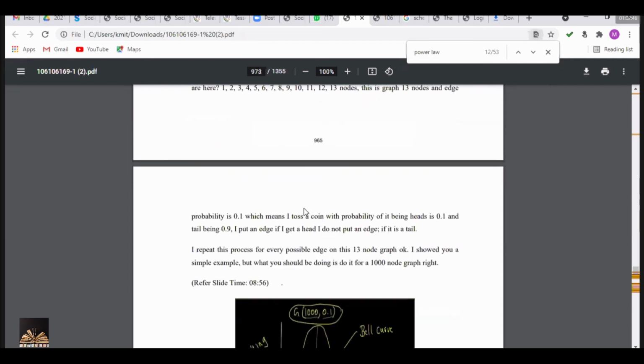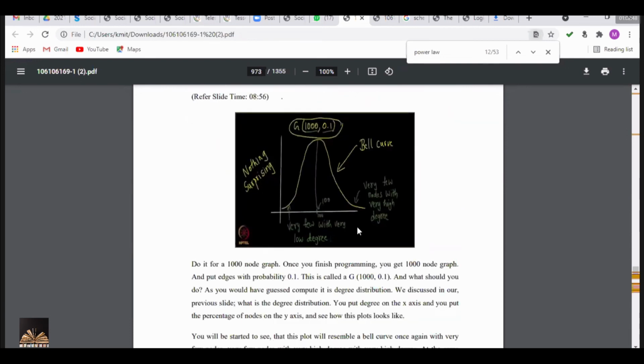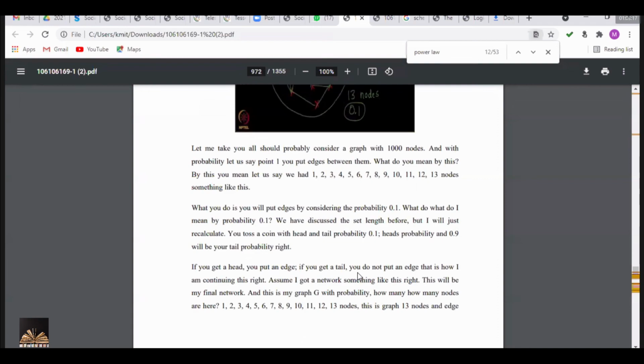Degree is nothing but, based on the number of edges to a node, the degree will be defined. So if you take any graph, the lowest degree nodes and the highest degree nodes will be fewer, and you have more nodes with the nominal degree. This kind of thing is the normal behavior.